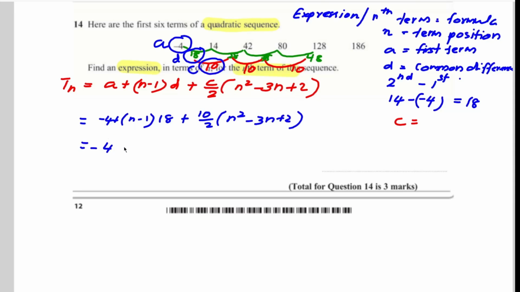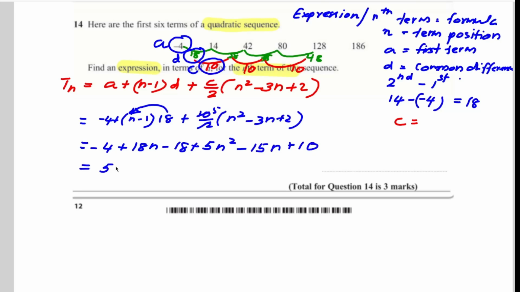So 4 plus 18n minus 18. Here 2 times 1, 2 times 5. Then 5n squared minus 15n plus 10.